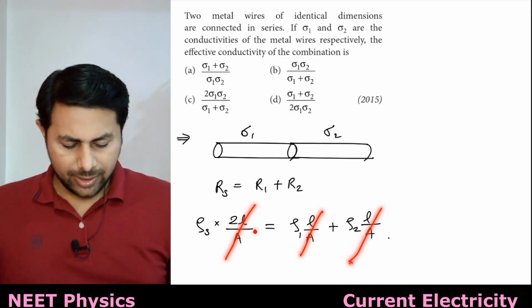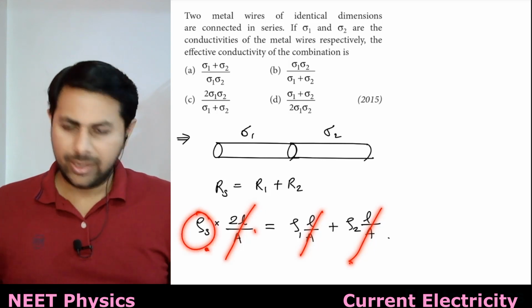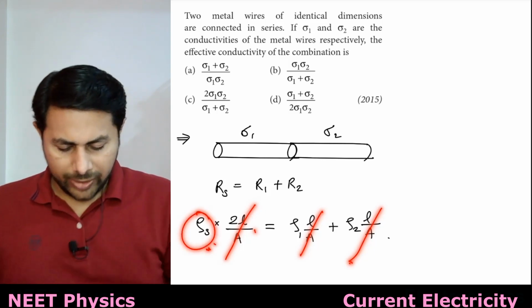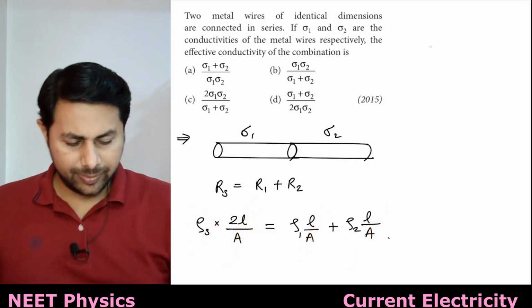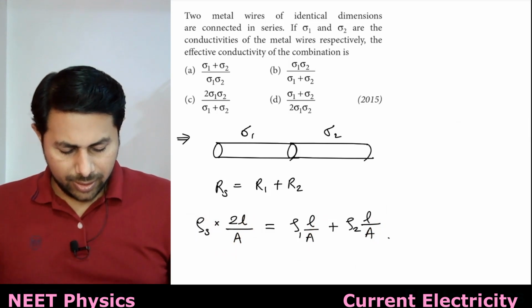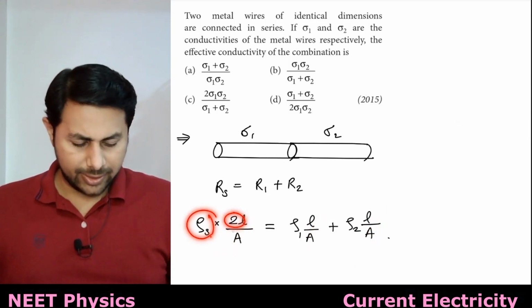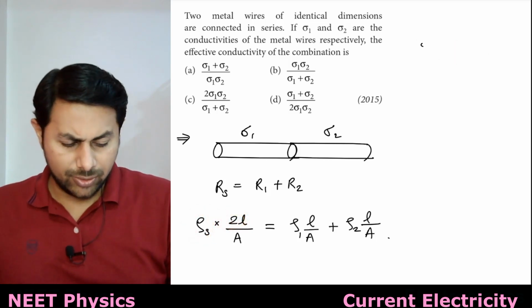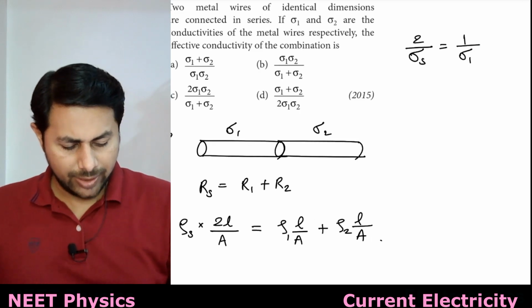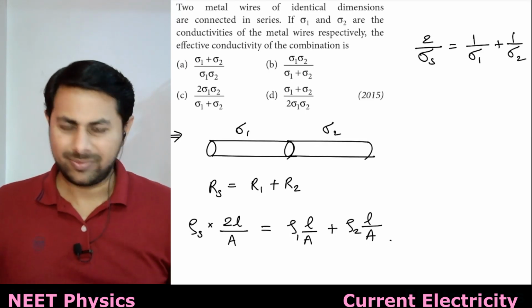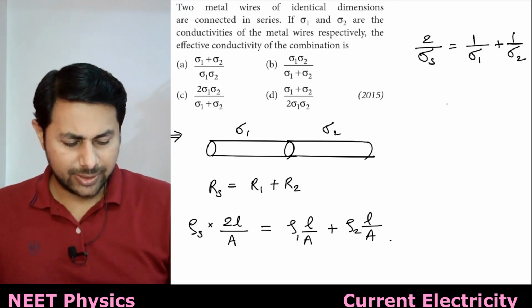But you are not asked about the resistivity, but the conductivities. So what remains is 2 times rho s. Rho can be written as 1 by sigma, right? So it's 2 by sigma s is equal to 1 by sigma 1 plus 1 by sigma 2. And then if we solve this, what will we get?